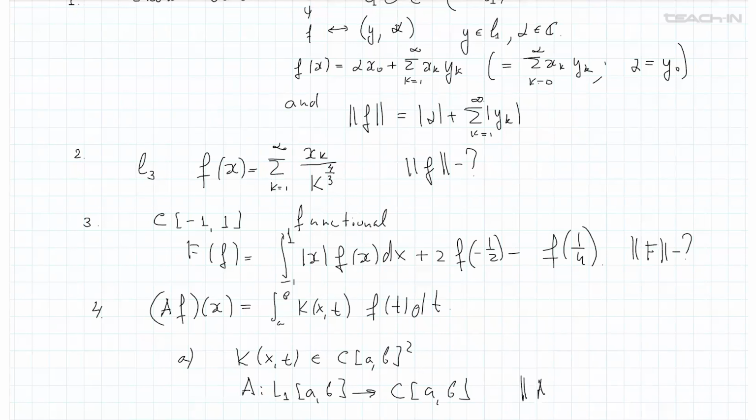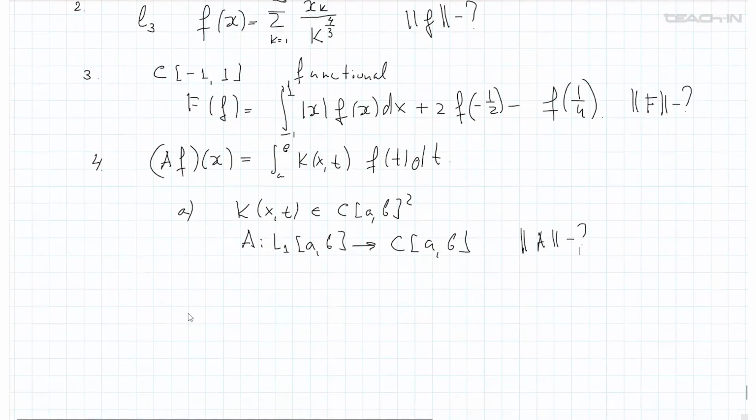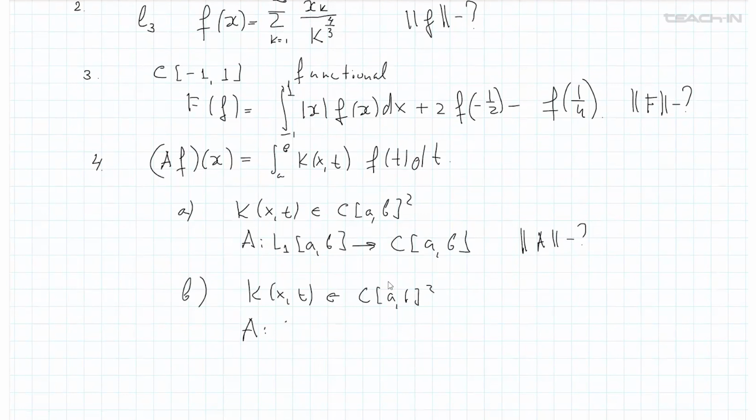Find the norm. B: the function is again continuous in two variables, and consider this operator from L1 to L1. Sorry, let's do L1 to L1 first, and then C[a,b], you will see it's more logical in this order. And again, find the norm.